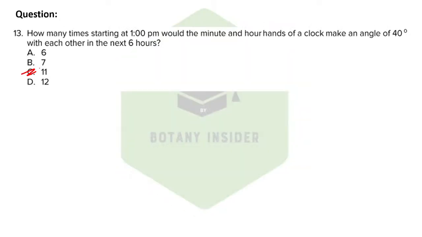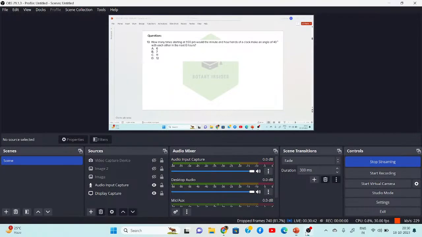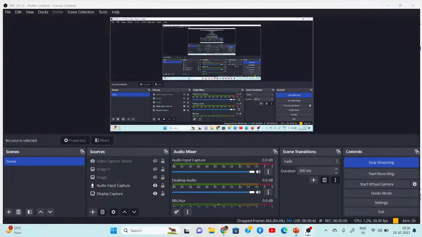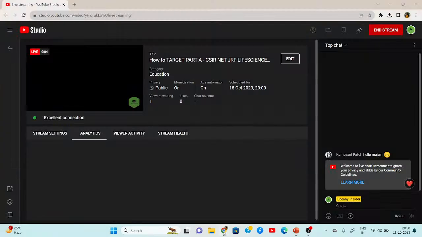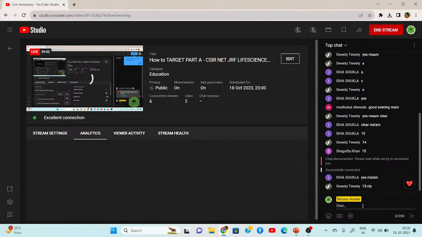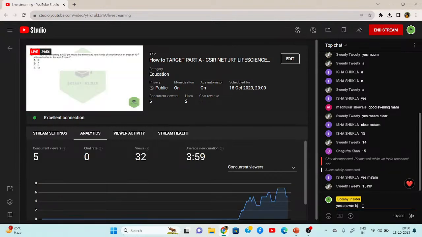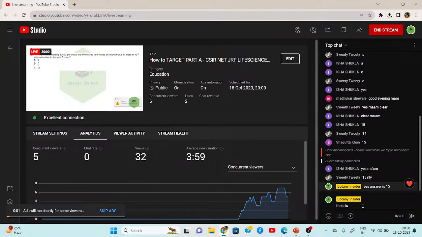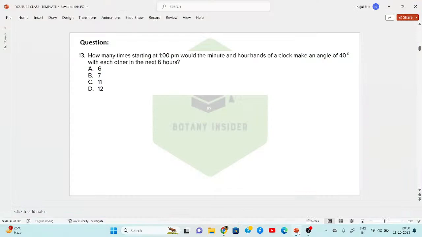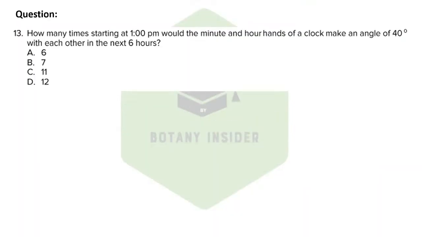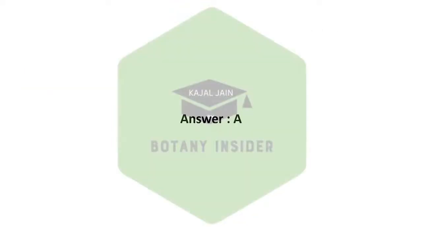The answer for this particular question is option number C. Right, so the answer for this particular question is option number C. And for the question that I asked you, the answer was 15. Right, so these are the questions for today. I hope all the questions are clear.